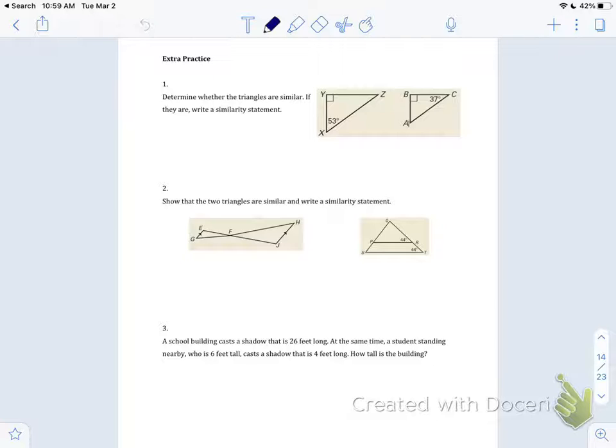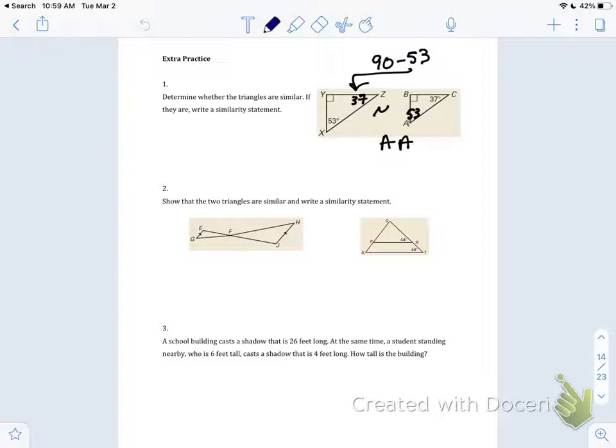Okay, so this says determine whether the triangles are similar, and if they are, write a similarity statement. So you have some missing angles. So if you do the math, 90 minus 53, you would get 37. If I know that that's 37, then I know this has to be 53. So these are similar by AA.